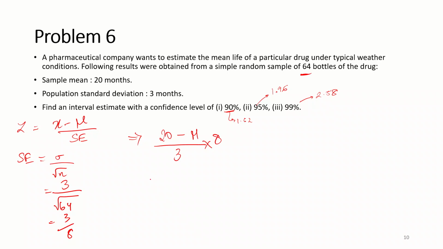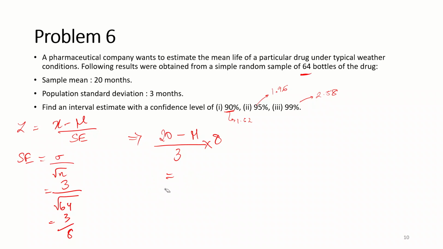Okay, so if we bring the mu to this side, mu will equal 20 plus or minus, so you have to have the value of mu.